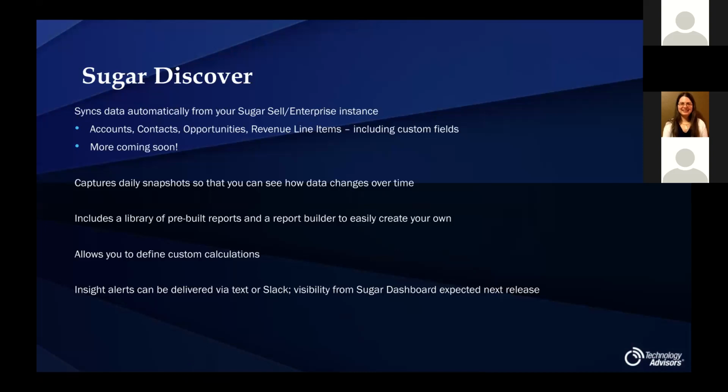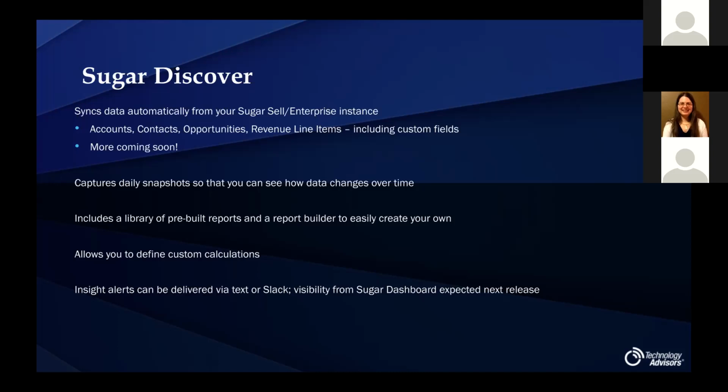Your forecasting, for example, your account customer lists or lead lists. And again, I've already mentioned it includes that library of pre-built reports and analyses so that you can quickly get to the data you want, as well as a very nice report builder to easily create your own reports.